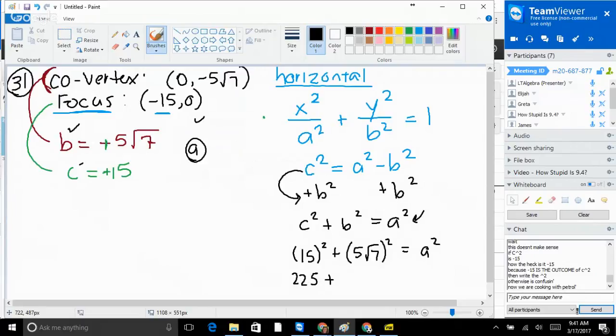All right, what about this? How do you do 5 square root of 7 squared? So this is really just 5 squared times 7. Right? Is that what you're saying, Elijah?